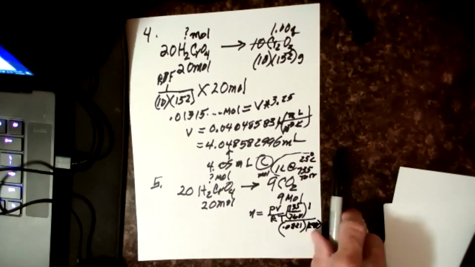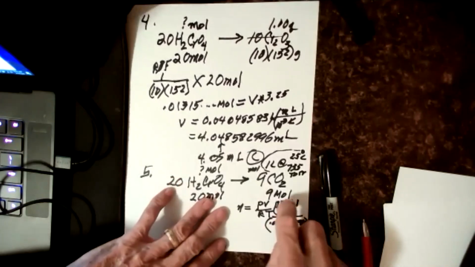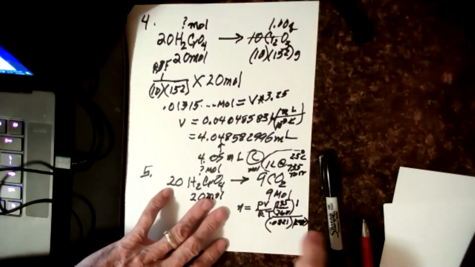Okay, now, let's do that calculation. This divided by this, divided by this, and divided by that.